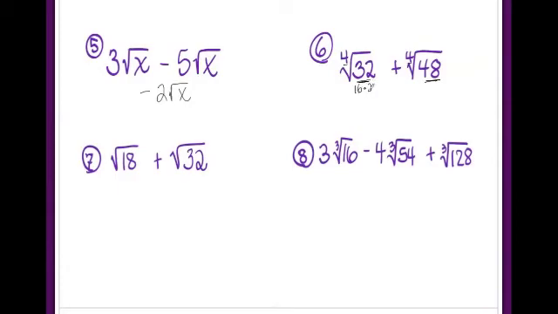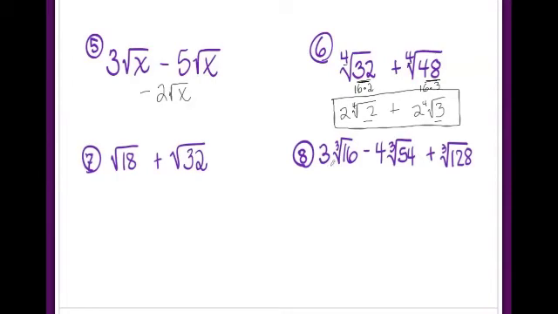So 16 times 2 is 32. And actually 16 times 3 is 48. So I could simplify that as 2 fourth root 2 plus 2 fourth root 3. And that's all I can do because, again, my radicands are not like. So that's my final answer.